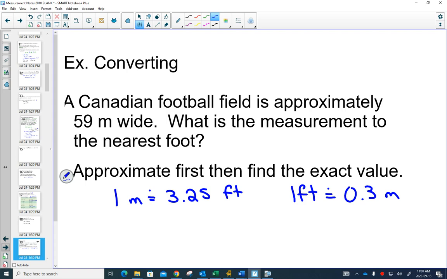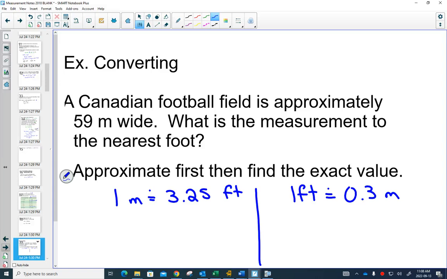So just like our currency conversion, depending on which one you looked at, you got different values. And depending on which one we use, we'll get different answers. So, 59 meters, let's use this one first.